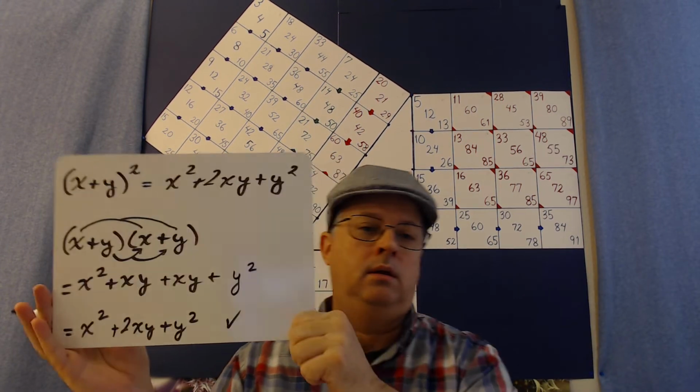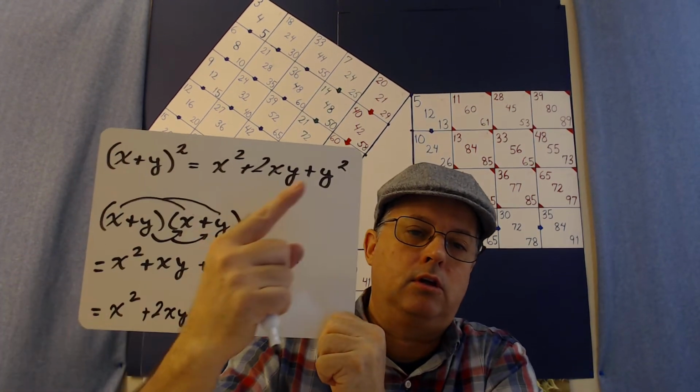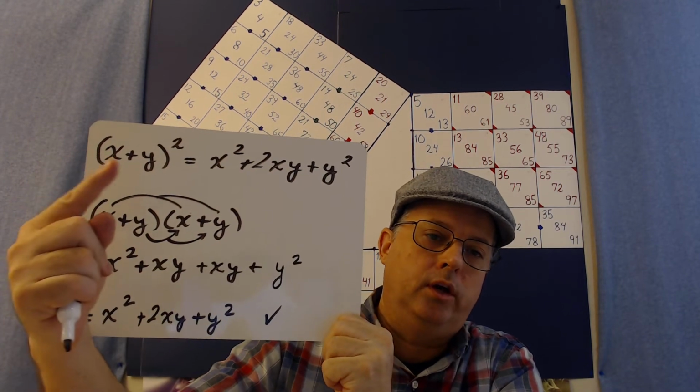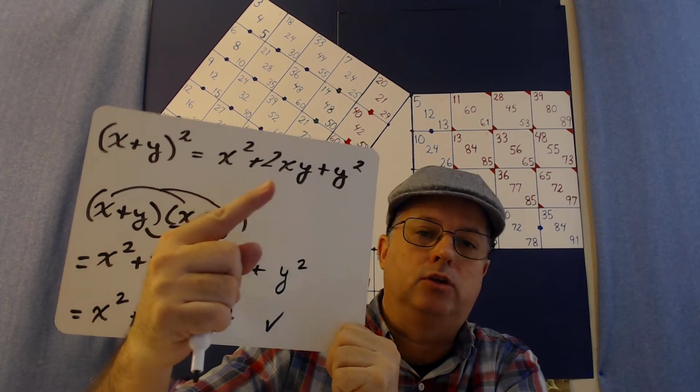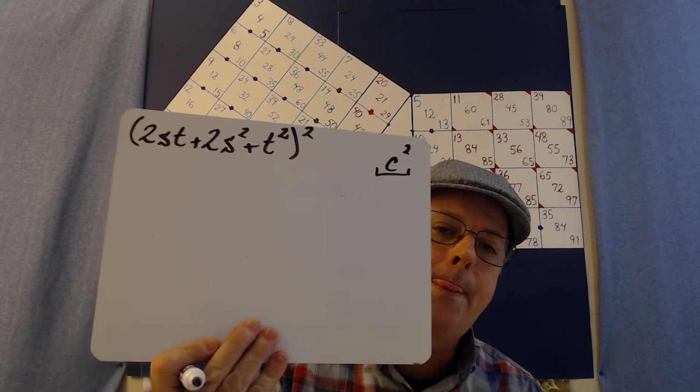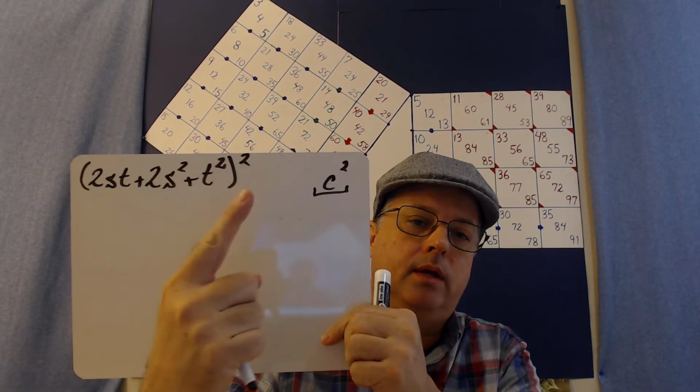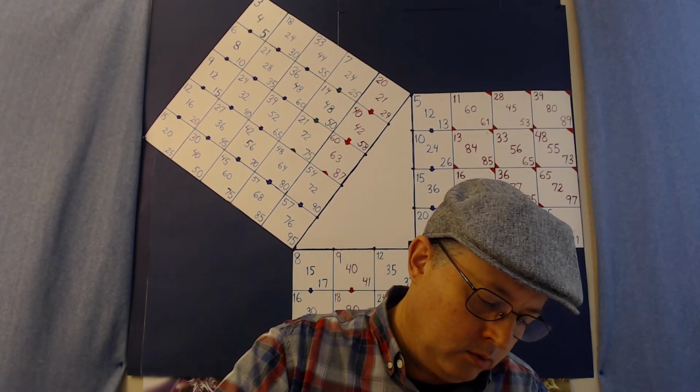Okay, now we're going to use this same general expansion here for x and y. So x plus y squared will give us x squared plus 2xy plus y squared. And even though we have 3 terms here in the parentheses, we can think of it as 2 terms if we do a little grouping.